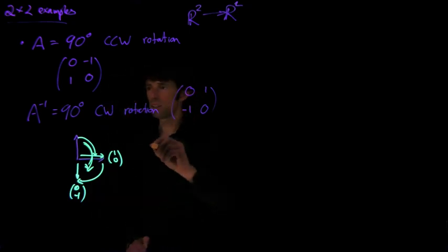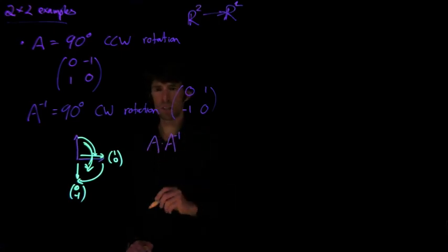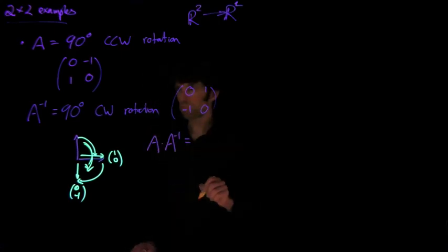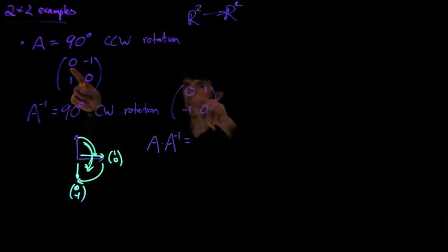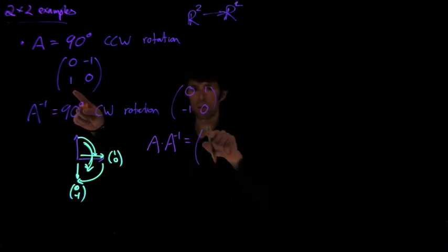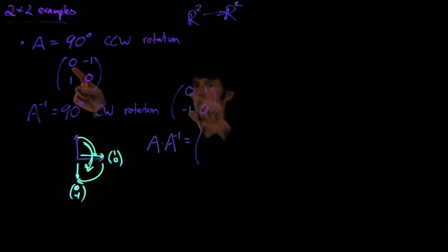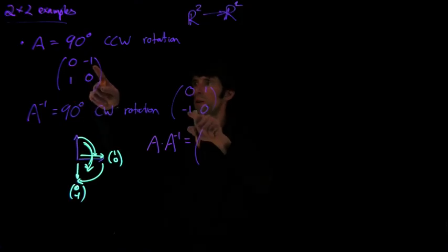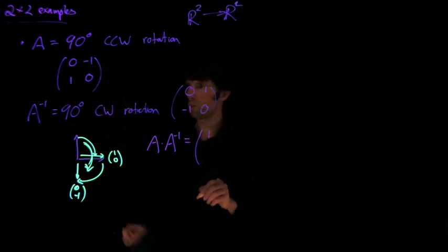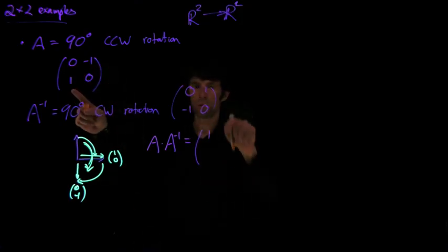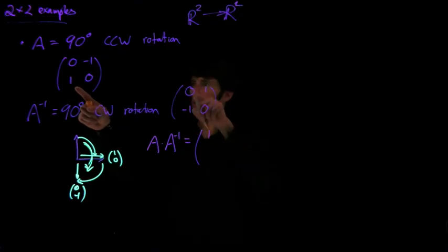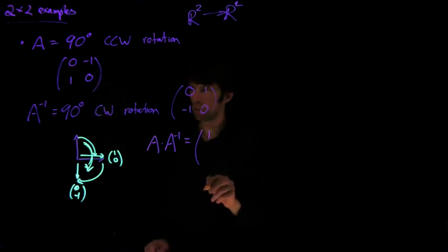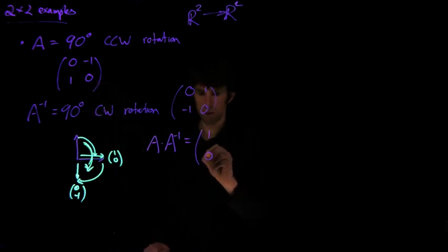And let's check if we multiply these out, A times A inverse. So for the upper left component, 0 times 0 plus minus 1 times minus 1, I get a plus 1. For the lower left, I get 0 times 1, and 0 times minus 1, so I get a 0.